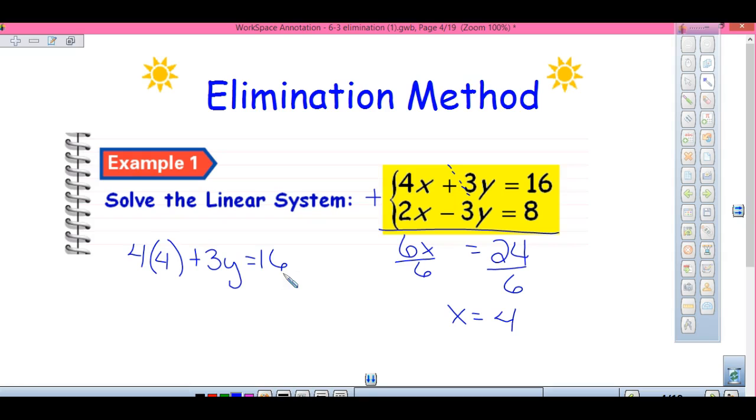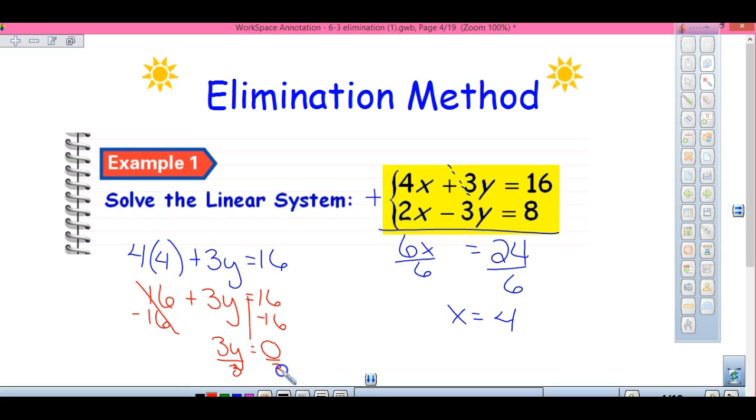Some of us aren't writing, and I'm not sure why. Okay, so what is my 4 times 4? So I have 16 plus 3y equals 16. Now what do I have to do? Subtract 16. 3y equals 0. Then what?